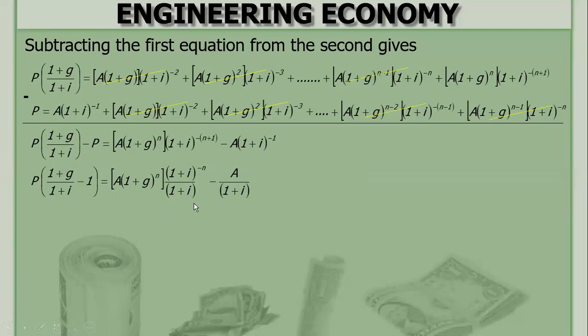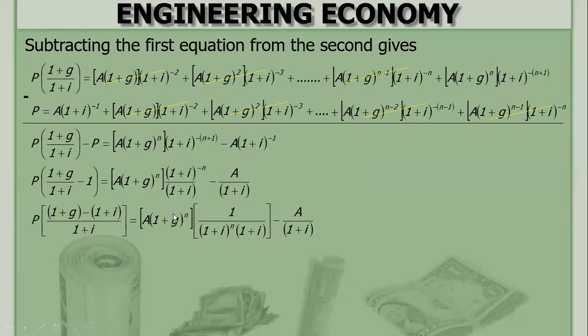Now, next we bring down the 1 plus i raised to negative n. So, the result is this. And then we get the LCD on the left: 1 plus i is 1 plus g minus 1 plus i. And on the right side we see that this is now 1 plus i raised to negative n. Okay.